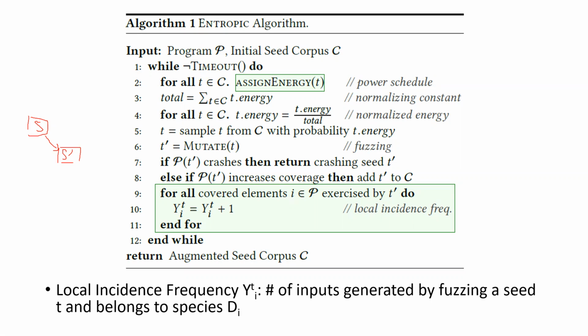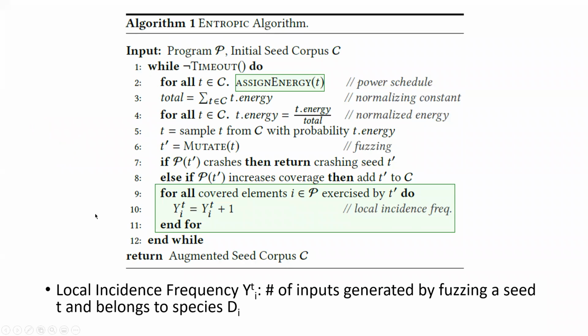Oh, so if we derive an S prime that does not discover anything, it's supposed to have a low energy, and suppose it actually discovers a species, covering one more branch, that is supposed to give a higher energy for S prime. Okay, please go on.